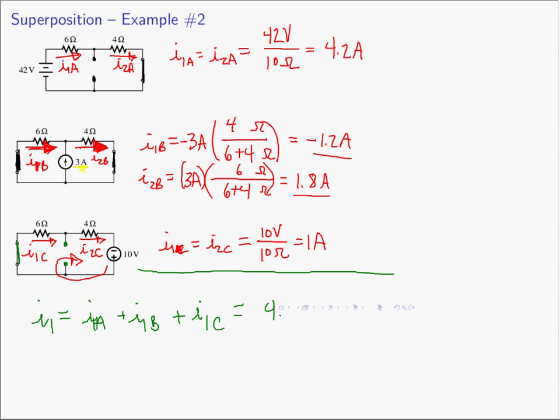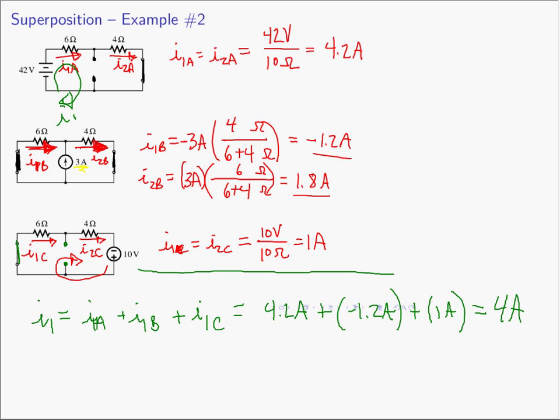I1A is 4.2 amperes, I1B is minus 1.2 amperes, and I1C is 1 ampere. And add those all together, and we find that I1, the total current in the original circuit, the current flowing around this way, I1 in the original circuit on the previous page is going to be 4 amperes.